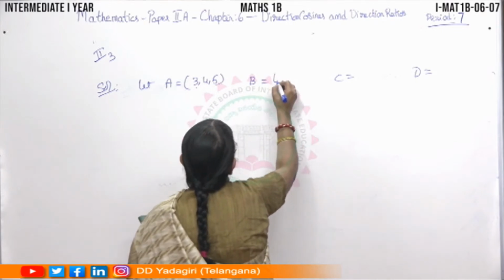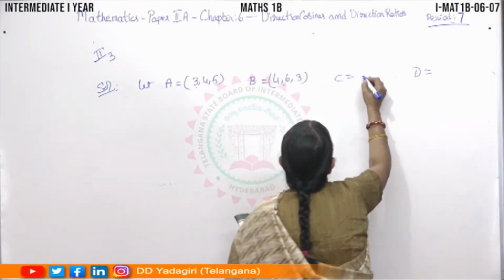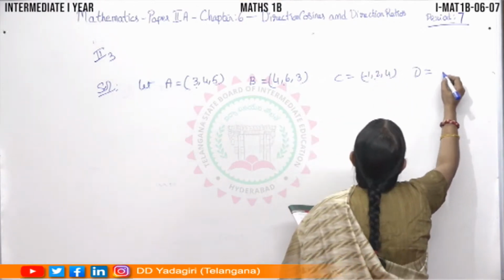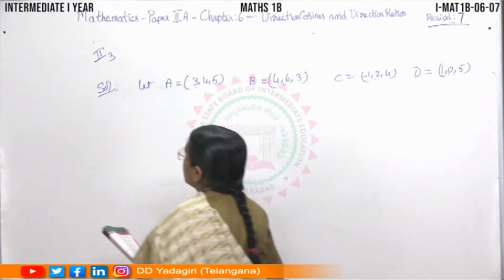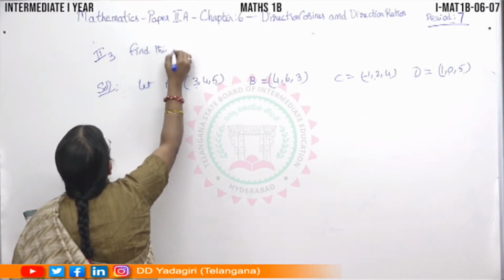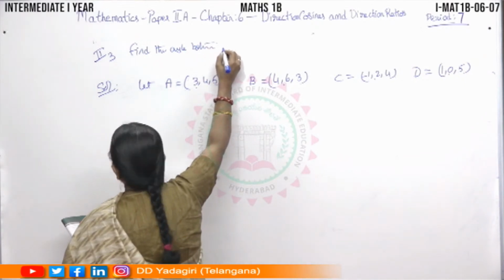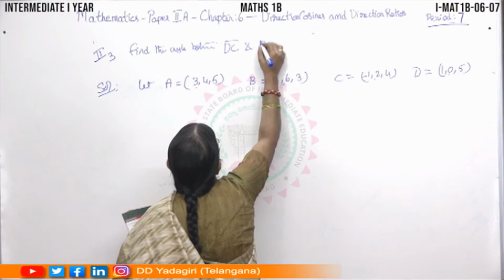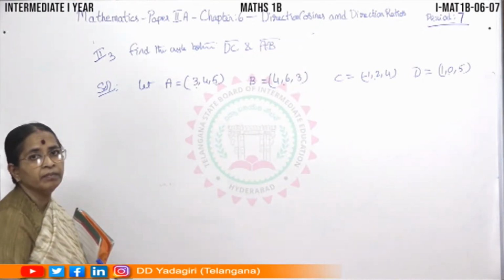B is (4, 6, 3). And C is (-1, 2, 4). And D is (1, 0, 5). The question is find the angle between DC and AB, where he has given the points like this.